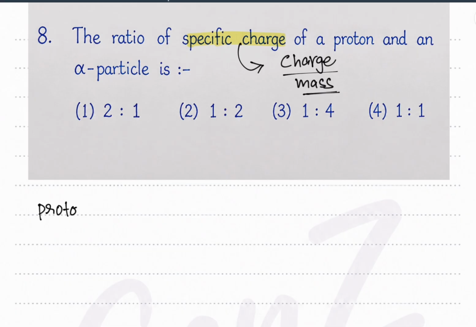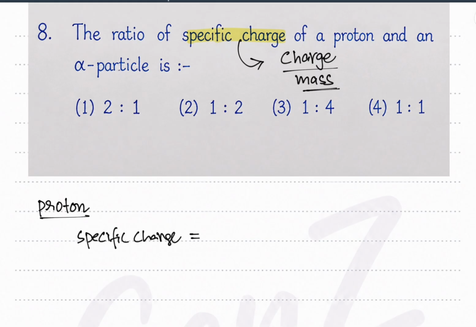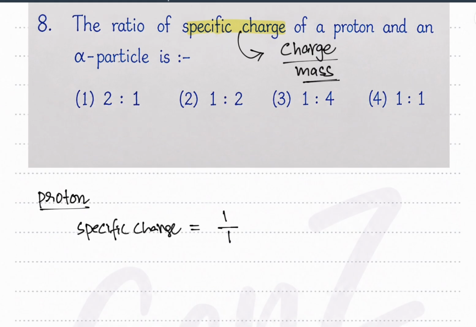In case of proton, the specific charge is the relative charge, which is 1, over the relative mass, which is also 1.